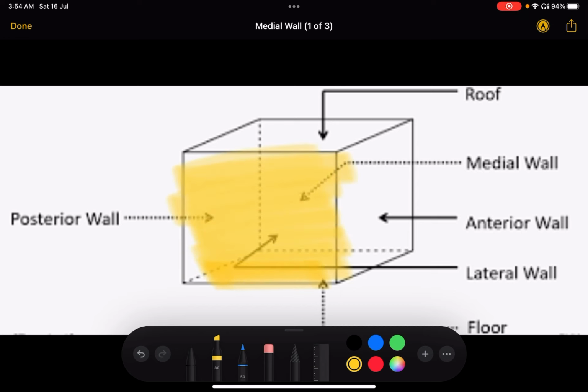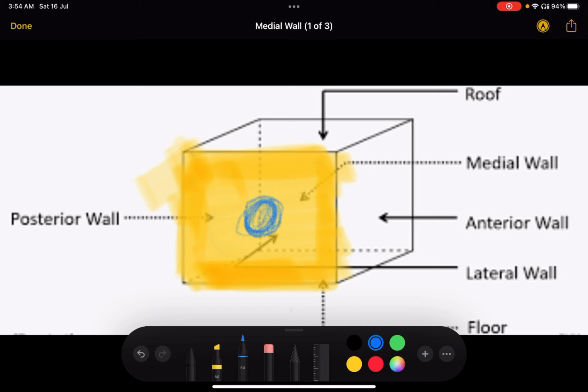When you look at the lateral wall, the one which I've shaded, the lateral wall is going to communicate with the help of a tympanic membrane. So this would be your tympanic membrane in blue. Obviously this is not how it would appear, but this is just a systematic diagram.